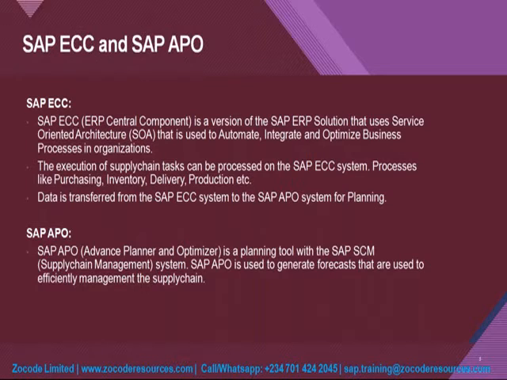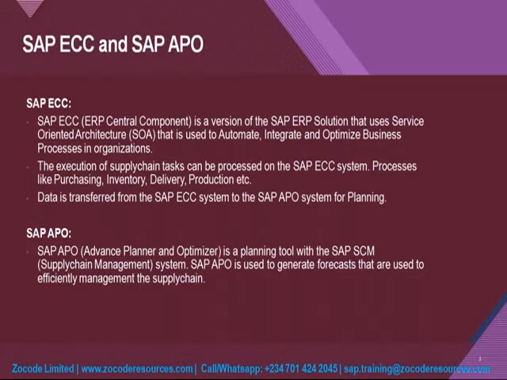And then the ECC and SAP APO. Remember that ECC stands for ERP Central Component. It is a version of the SAP ERP solution that uses service-oriented architecture that is used to automate, integrate, and optimize business processes in organizations.